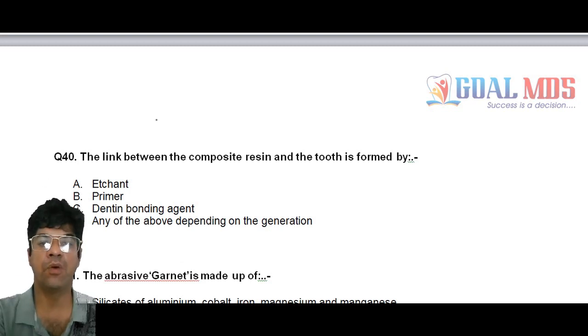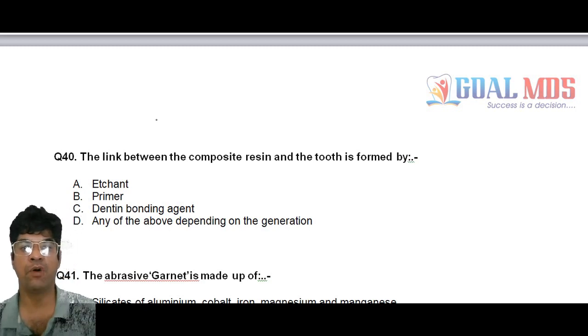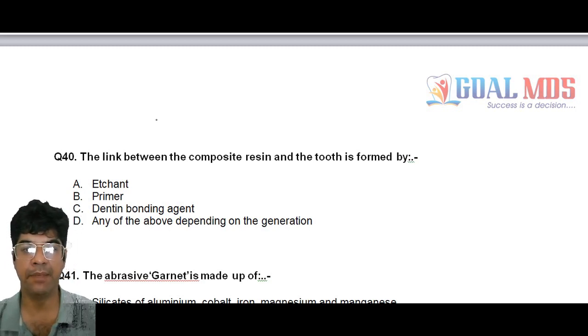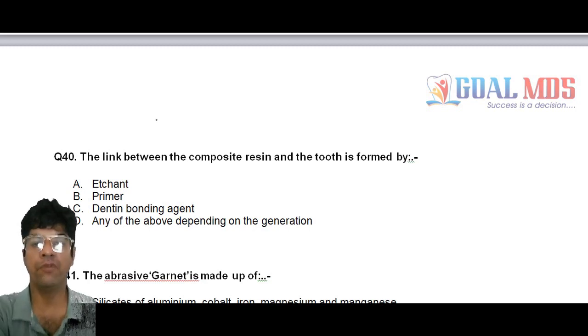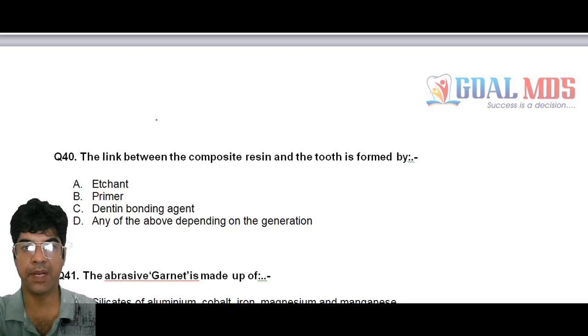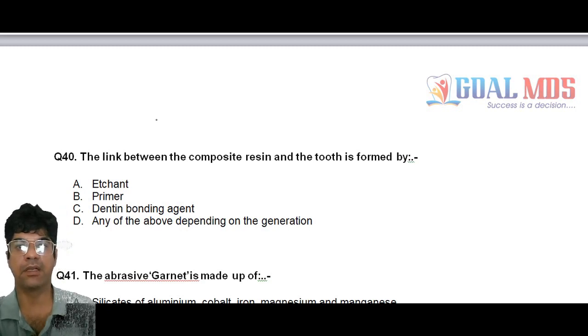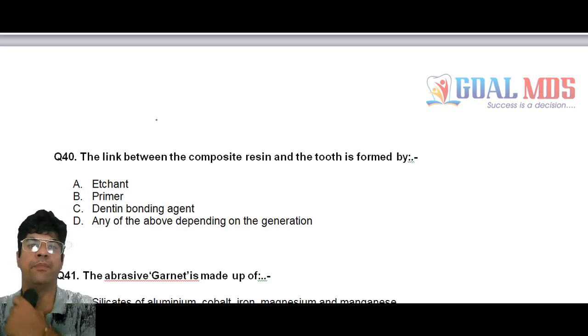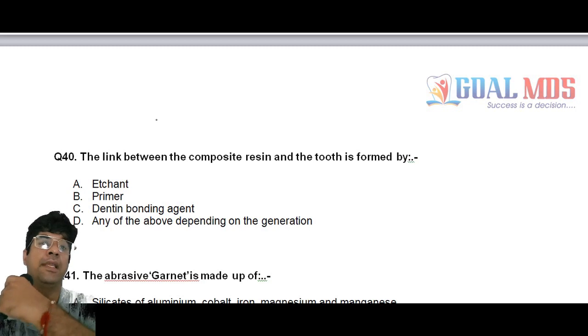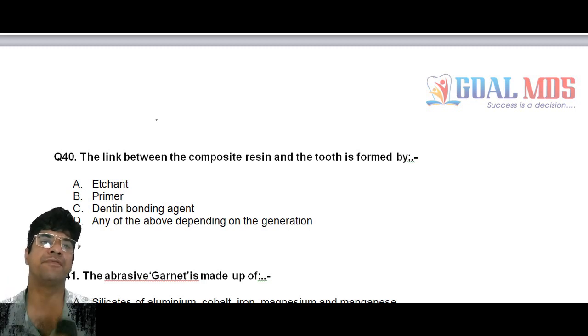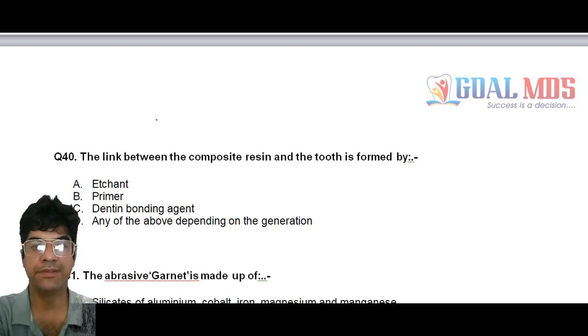The link between composite and the tooth is formed by the dentin bonding agent. We have discussed that primer is a crucial component in the bonding.